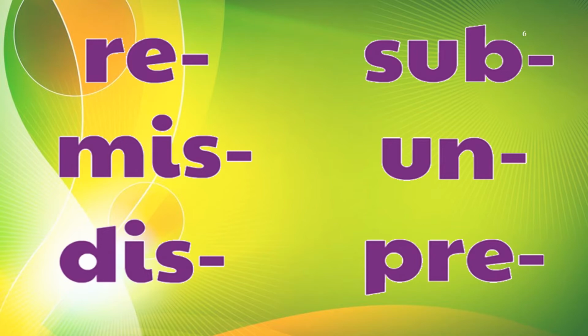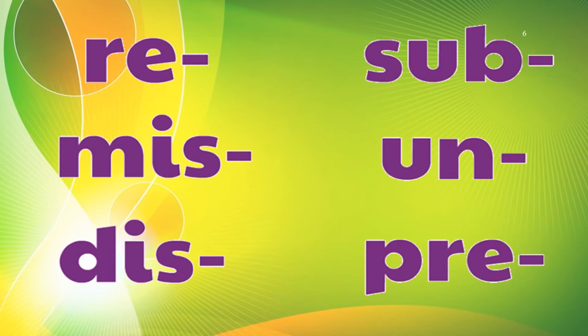We will read them: re, mis, dis, sub, un and pre. They have their own meanings. Each one has its own meaning, which changes the meaning of the root word and gives us a new word. Let's see them one by one.